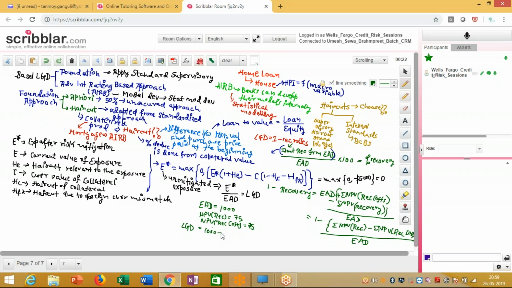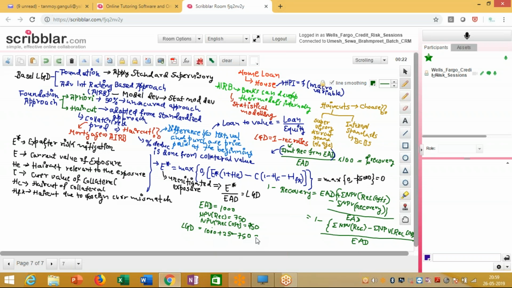Now to this, while in the process of recovery, I added on 25 rupees as recovery cost, and I finally managed to recover 750.